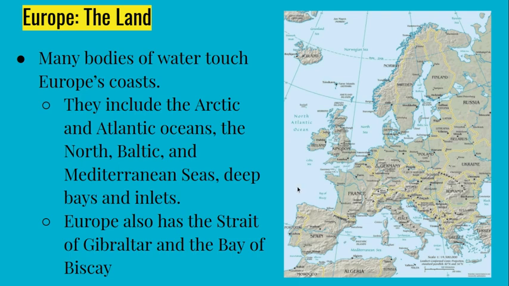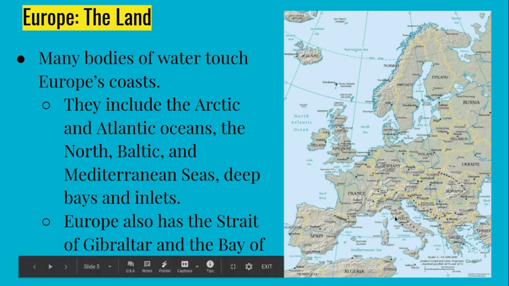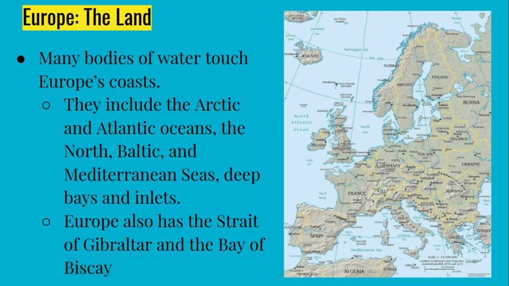And there's smaller bodies of water in here up around Italy and Greece, okay? So there's all different seas and inlets and bays. Europe also has the Strait of Gibraltar and the Bay of Biscay. Those are two main areas in Europe for bodies of water.